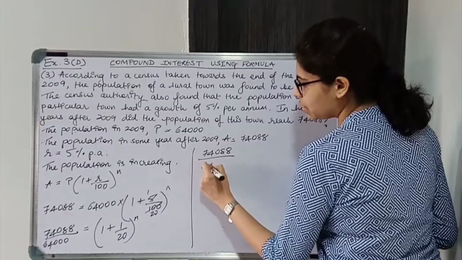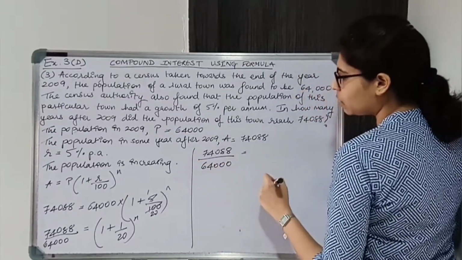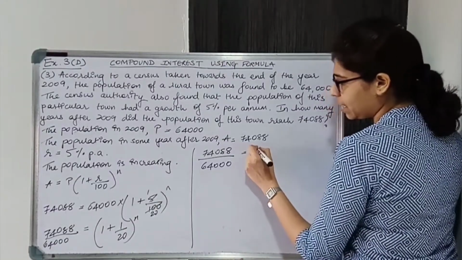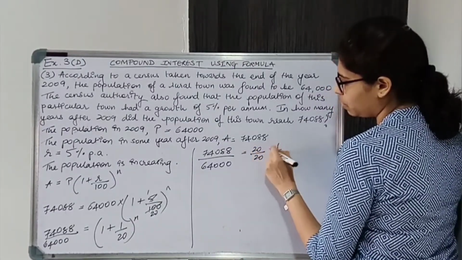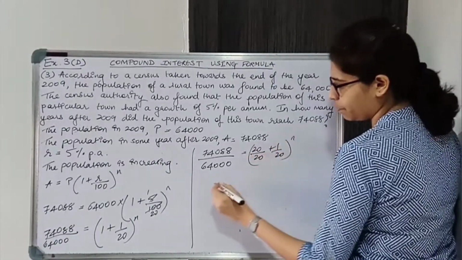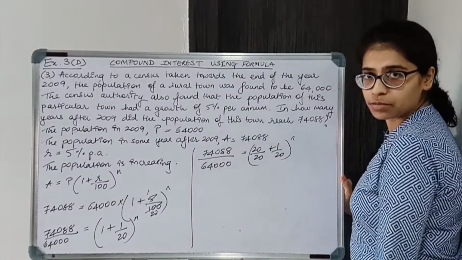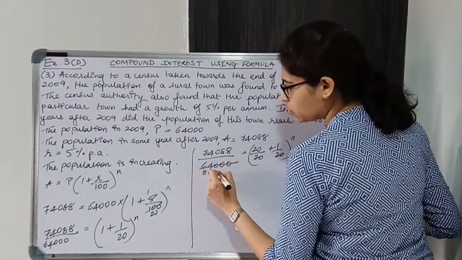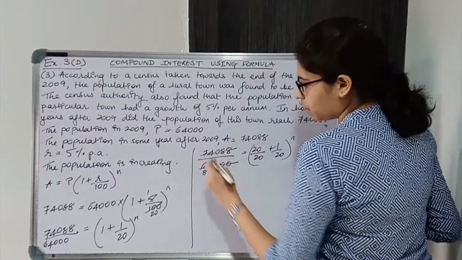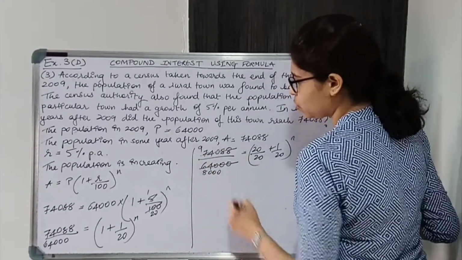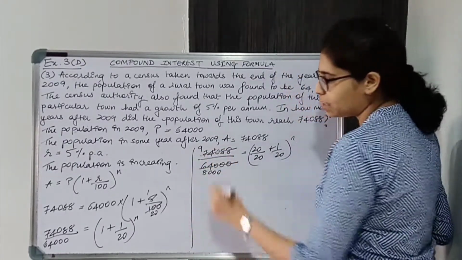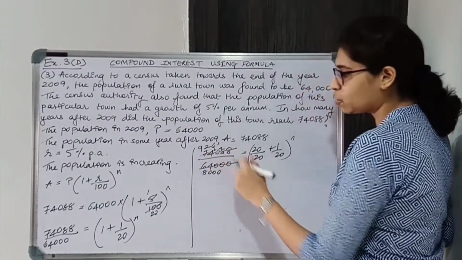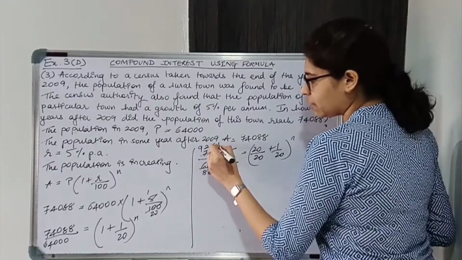So 74,088 upon 64,000 is equal to, let's take LCM and solve this. We'll get 20 plus 1 upon 20 raised to N. Now let's cancel out over here. 8 8s are 64 and zeros, 8 9s are 72, so 2 remains, 20. 8 2s are 16, 4 remains, so 8 6s are 48, and 8 remains, so 8 1s are 8.